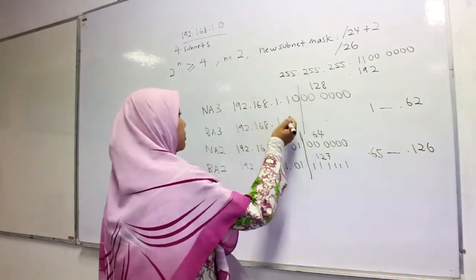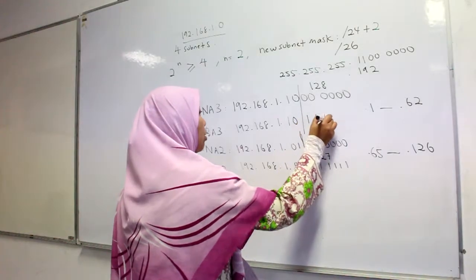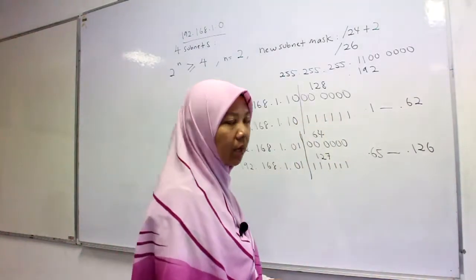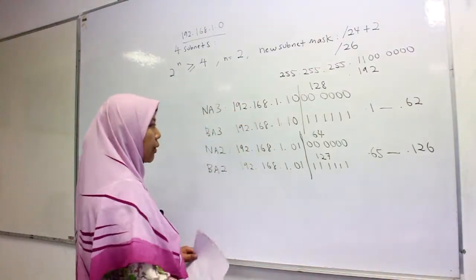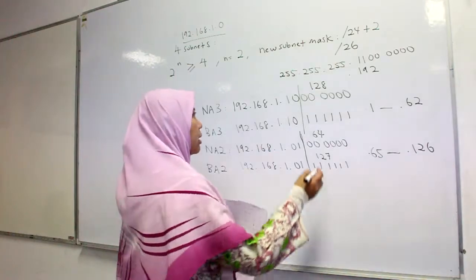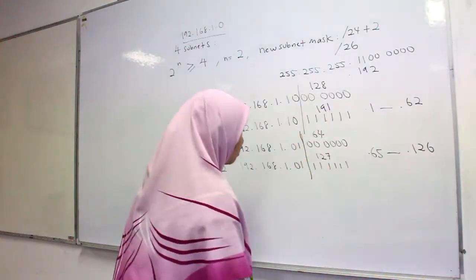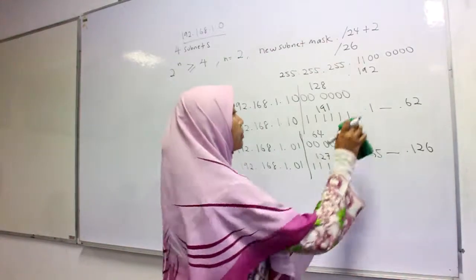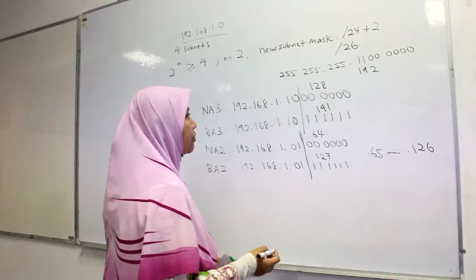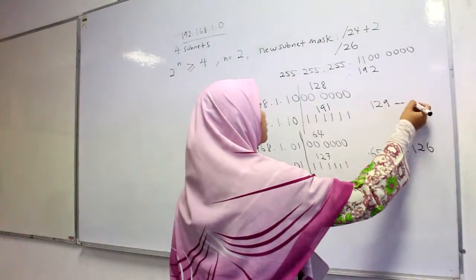Using the same bits, but now all the host parts have become bit number 1. When we convert this to decimal, we will get 191. So the range of IP addresses for the third subnet is from 129 until 190.